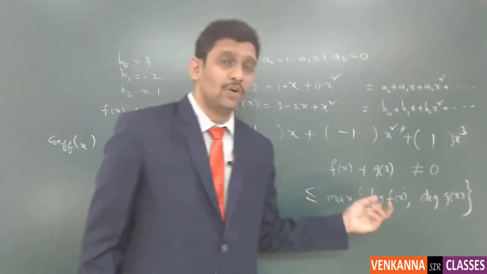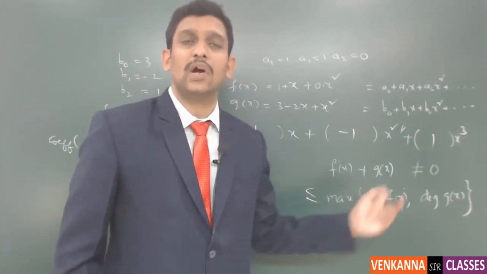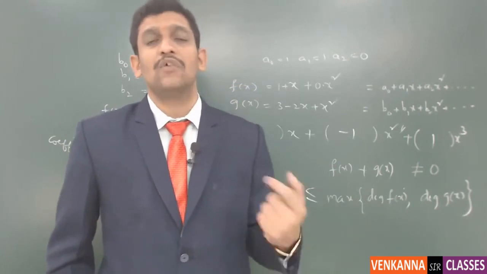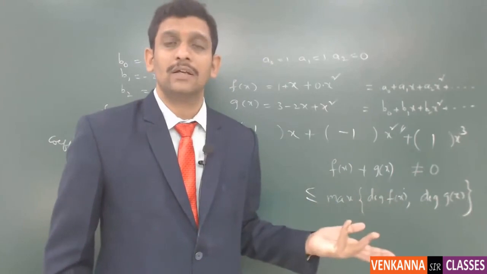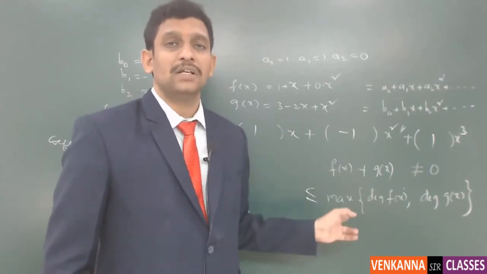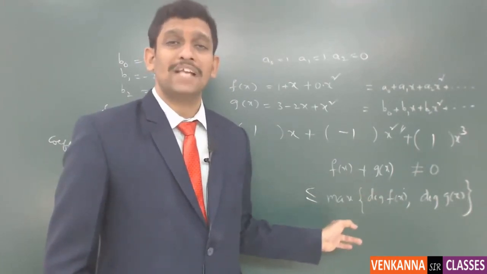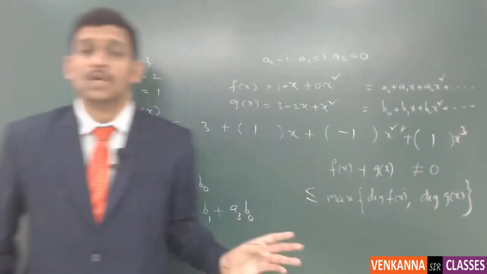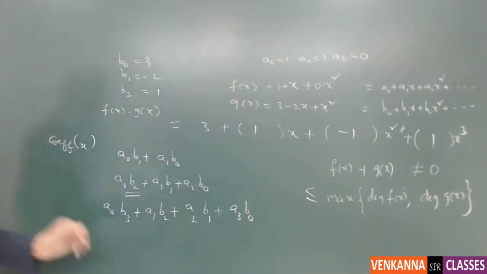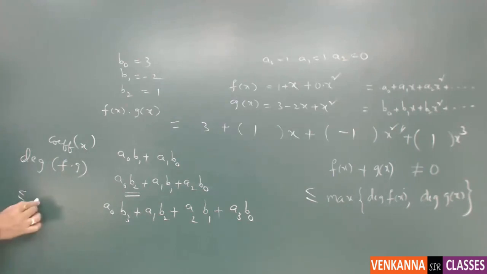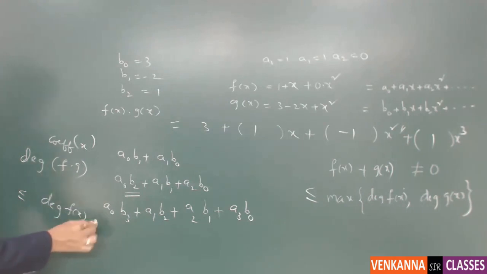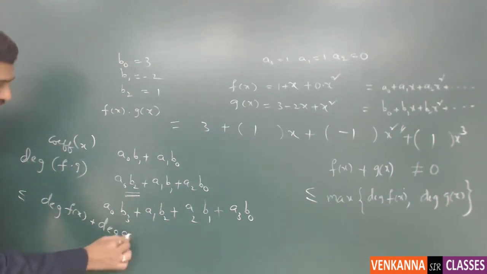So you can know the degree of f, degree of g, among which polynomial has more degree. So if you consider the addition, it is less than or equal to the maximum of the 2 degrees. So if you consider the product, the degree of the product polynomial, degree of f into g, is less than or equal to degree of f of x plus degree of g of x.